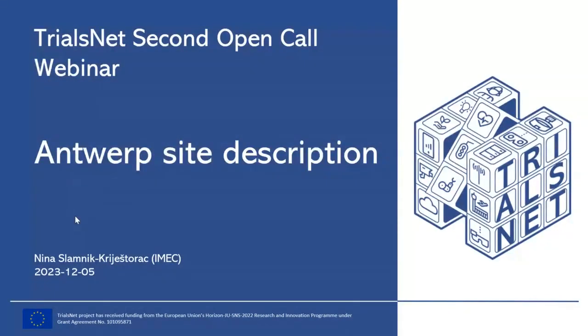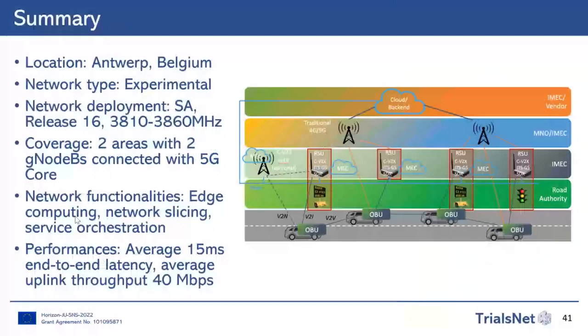I'm Nina Slanik-Kiresh from IMEC, and today I will give a brief description of the Belgian experimental facilities located in Antwerp. The network type is, of course, experimental, because both testbeds that we offer for experimentation, the Smart Highway testbed and Open 5G, are based on the experimental license that we received from the regulatory body in Belgium.